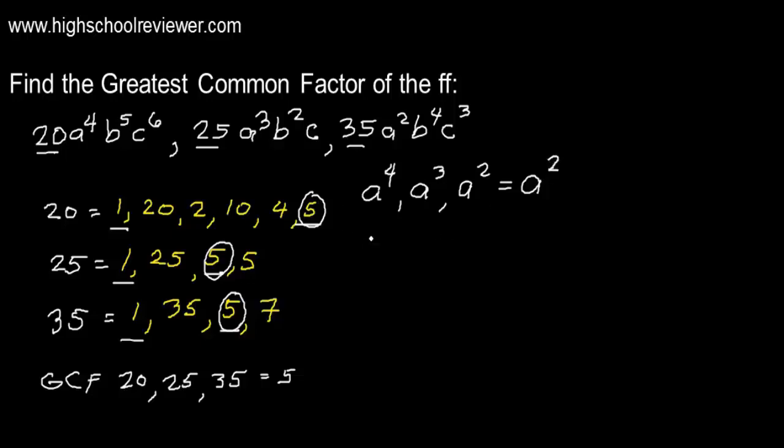How about for b? We have here b raised to 5, b raised to 2, and b raised to 4. The GCF here will be the one with the lowest exponent, and that is b raised to the power of 2. And for c, we have c to the 6th, c, and c raised to the power of 3. The GCF here would be the one with the lowest exponent, and we have here c.